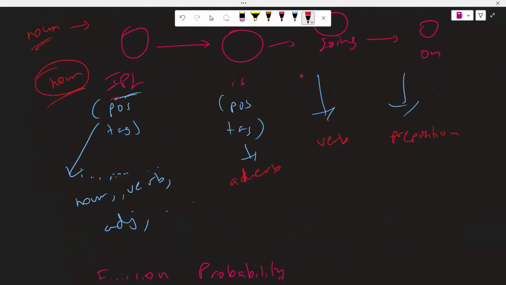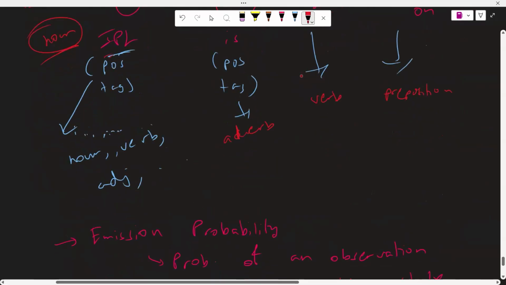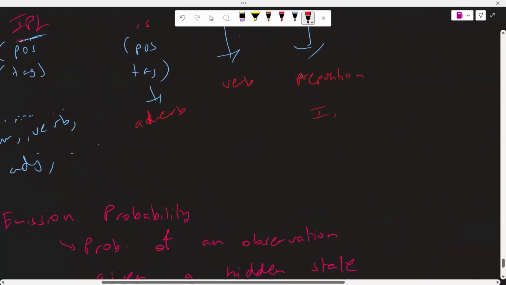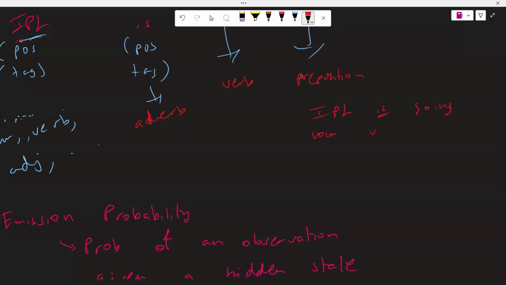Because now there are some rules through which we write English sentences, right? For example, if you write IPL is going on, after a noun, a verb can follow. So not a verb, but an adverb or something can follow, right? Is can follow over here. But after a noun, can a verb directly follow?